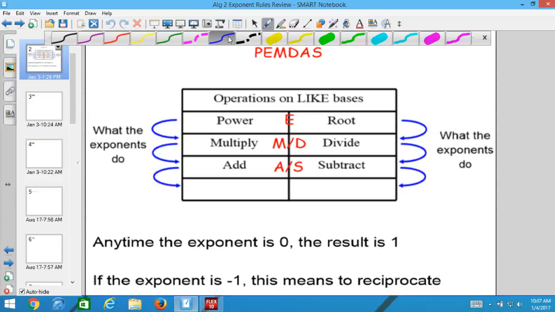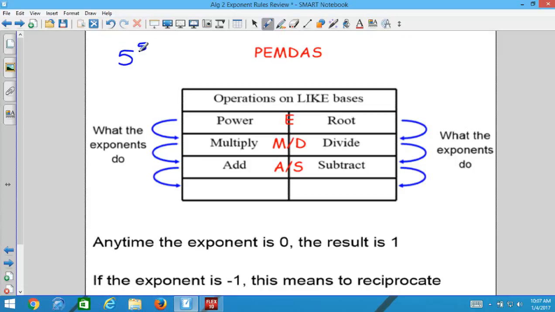For example, that one that we were just talking about, when we did 5 to the 5th divided by 5 to the 2nd. We have the same base. What is that base? 5. And what are we doing to those bases? We are dividing. So what do you do to the exponents when you are dividing like bases?